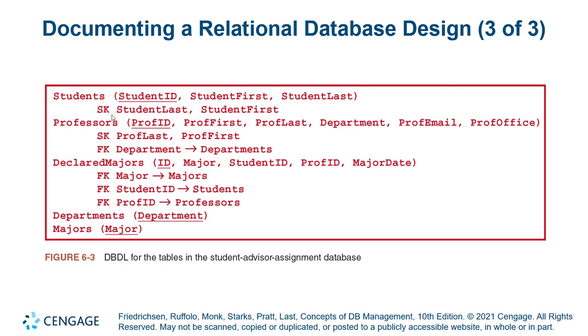With the shorthand notation, we would just use one line for each table. Now we're expanding that a little bit more, and this is all we're talking about when we refer to our database design language, DBDL. You can see it all written out here. It's a way to efficiently document your database, so you can look at this and get a better understanding and a better picture of the database itself.